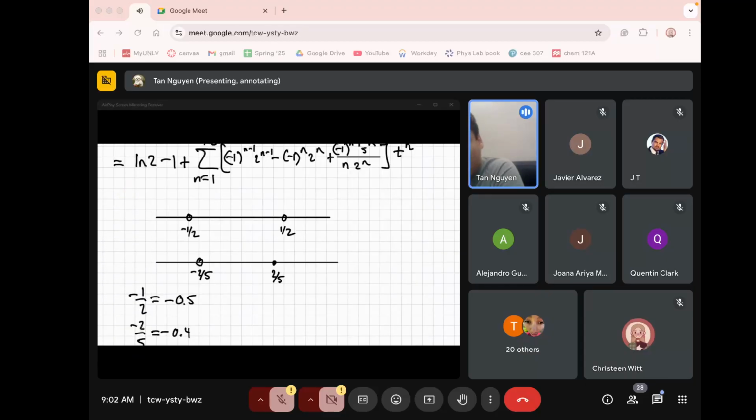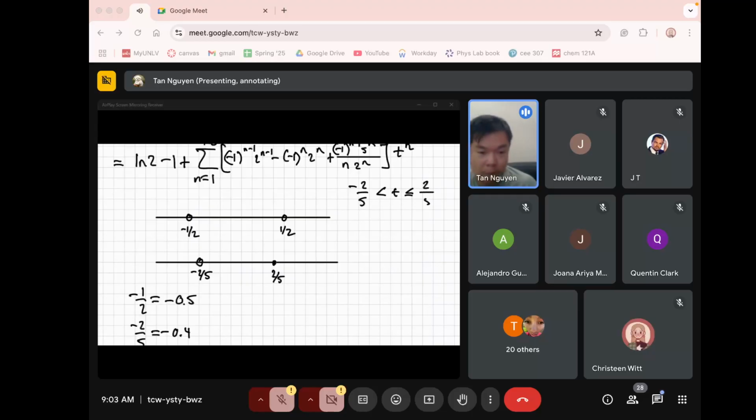So what is the smallest of the three? Clearly, this one is the smallest. So that means my interval of convergence is from -2/5 to 2/5.